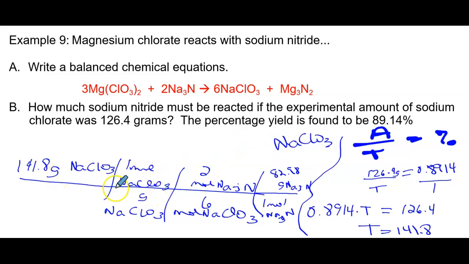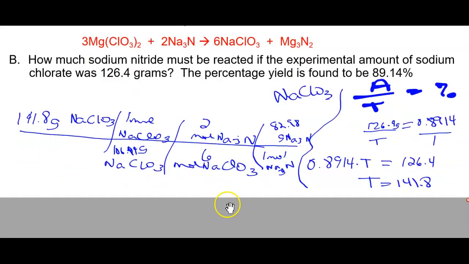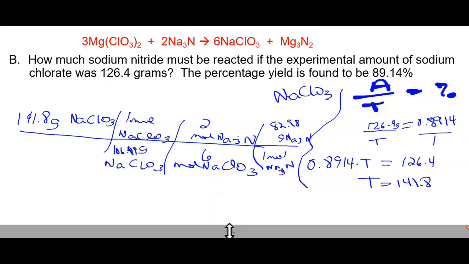So we take 141.8 times 2 times 82.98 equals, divide by 106.44, divide by 6, and we get a final answer here to be 36.85 grams of sodium nitride.